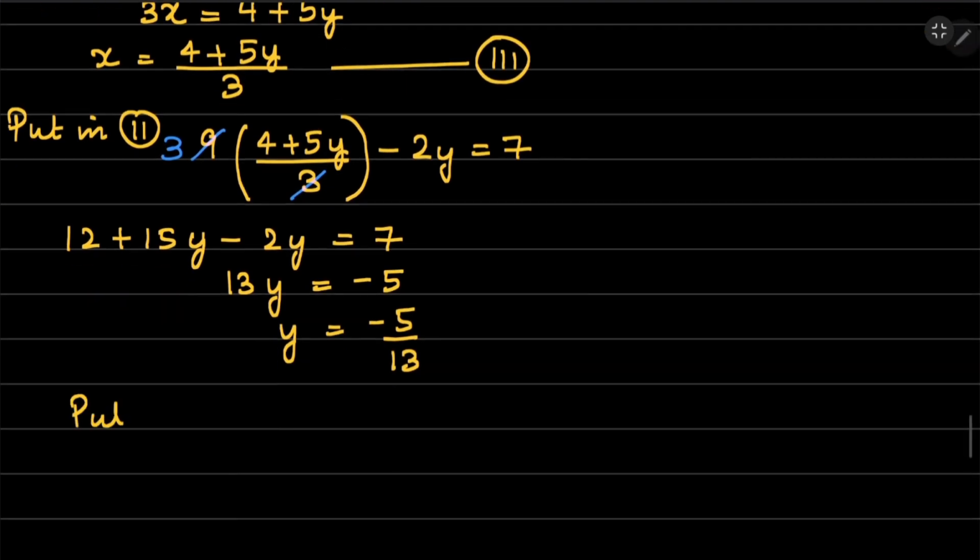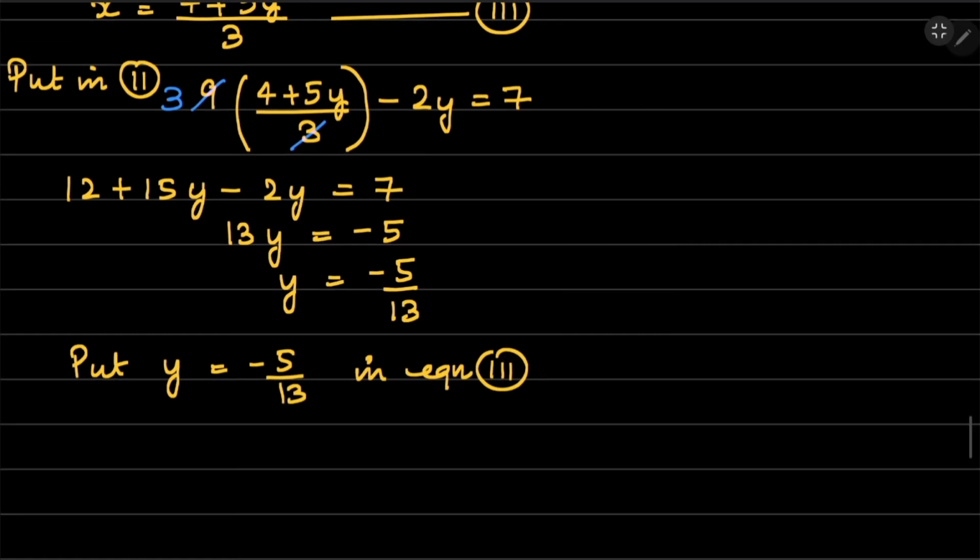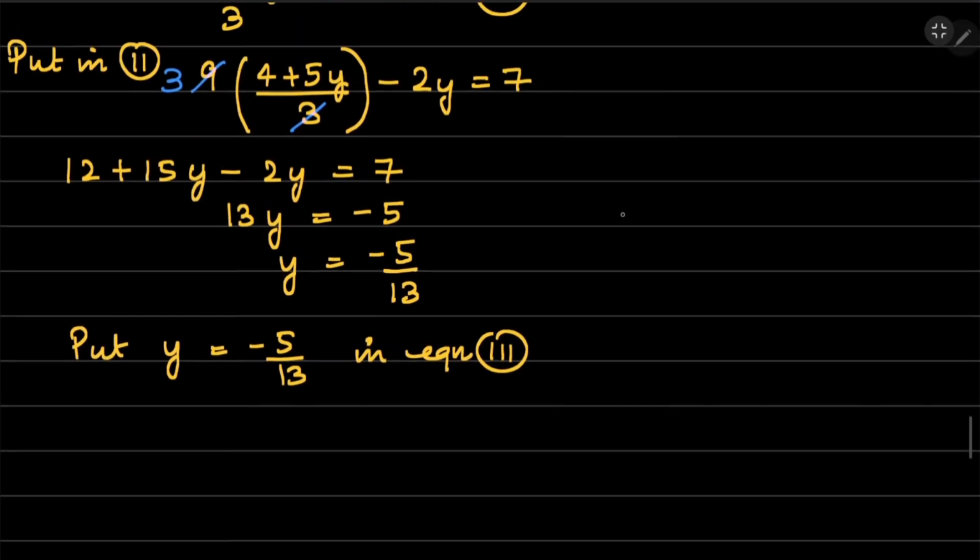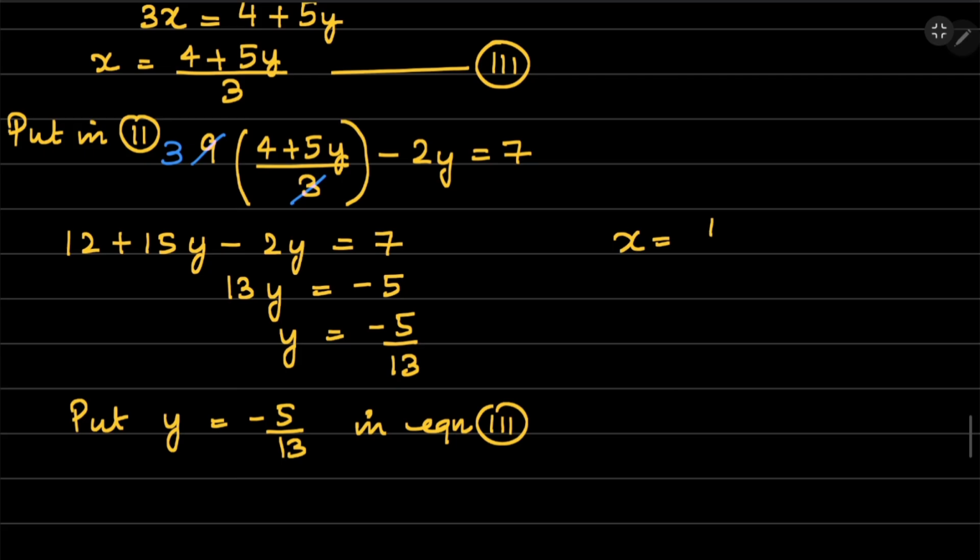So I'll put y equal to minus 5 by 13 in equation 3. So what is x? X will be equal, let me write it here. So x is equal to 4 plus 5 multiplied by y, y is nothing but minus 5 by 13, all by 3. This is what you're getting. Right?